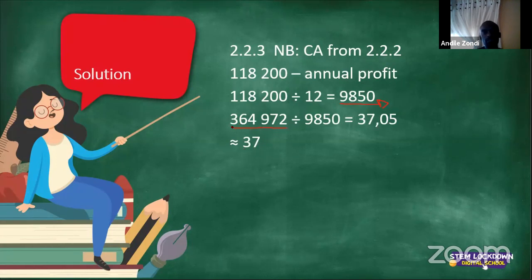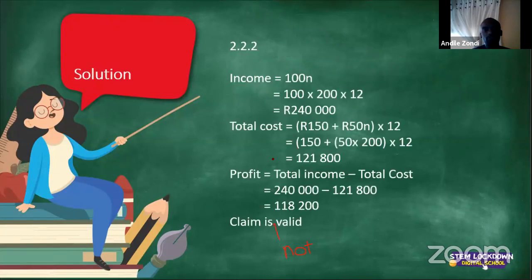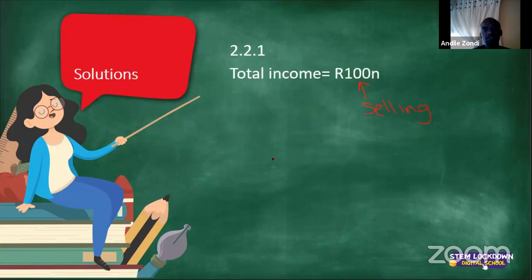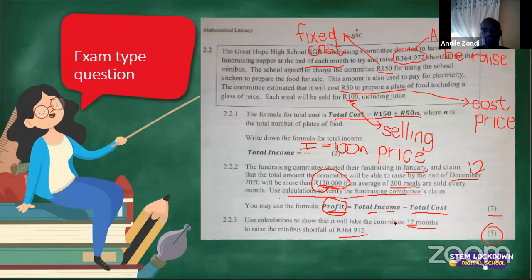So you must take the proposed figure for the mini-bus, divided by 9,850, this is your monthly profit. This will give us 37.05, so approximately 37 months. So going back to our question, I'm almost done. So they are correct. It will take them 37 months to raise this amount of money.